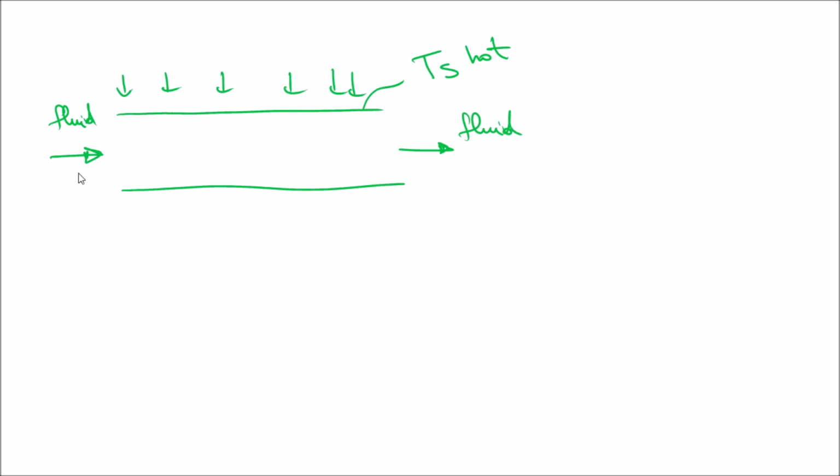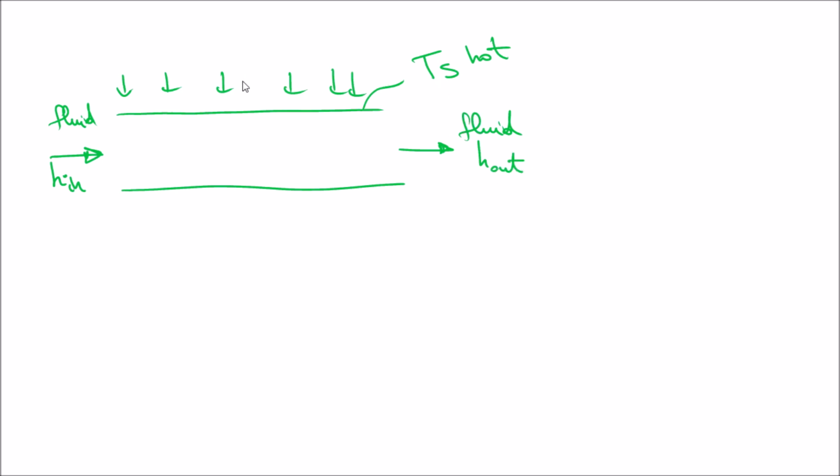You have the sun flux everywhere, and due to the sun flux, this surface becomes hot, Ts. Inside that tube you have the fluid, and out of the tube you have the fluid. This fluid has some enthalpy in, because it's an open system. It also has enthalpy out.